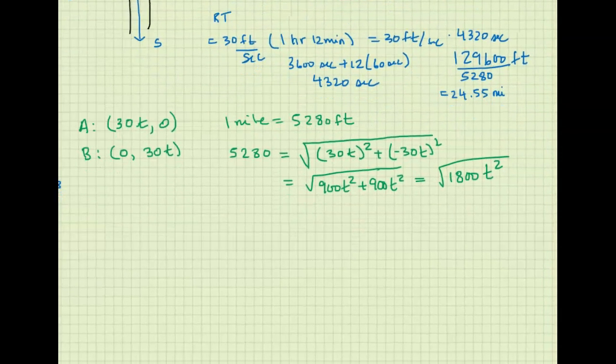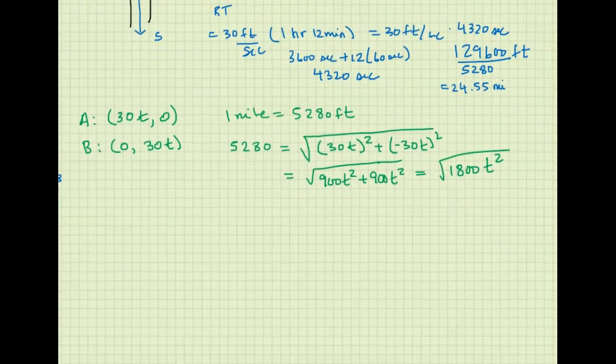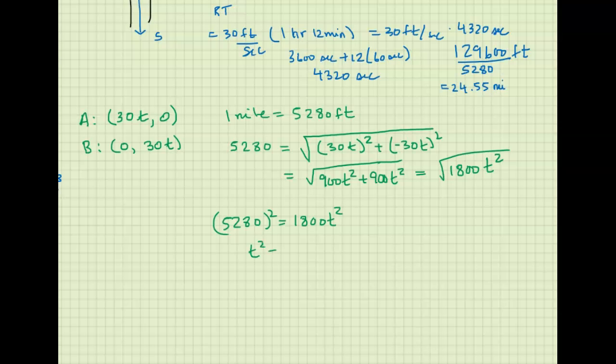So now take the square root of both sides. So 5280 squared equals 1800t squared. t squared is 5280 squared divided by 1800. So t is going to be the square root of 5280 squared divided by 1800.